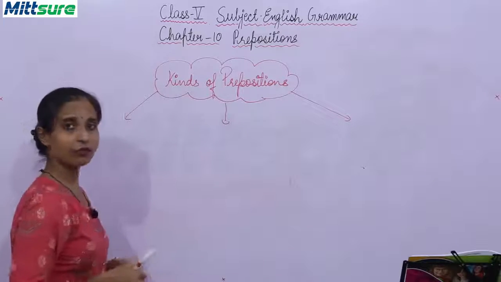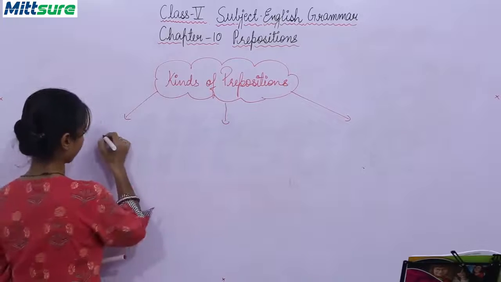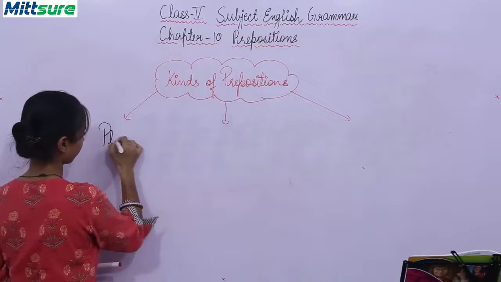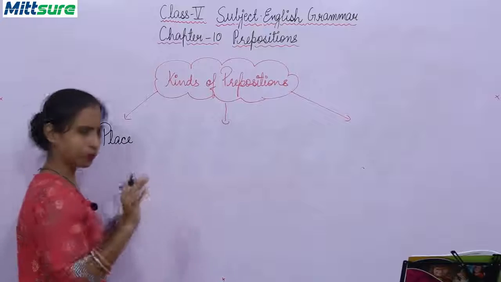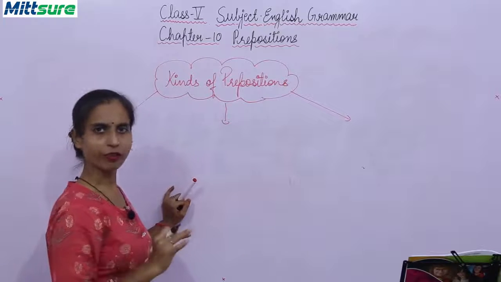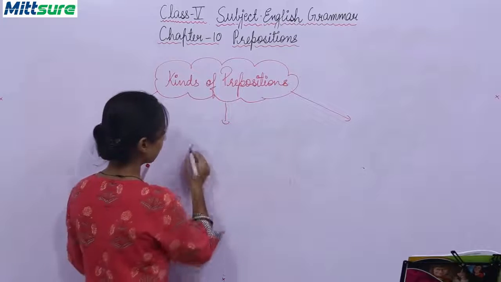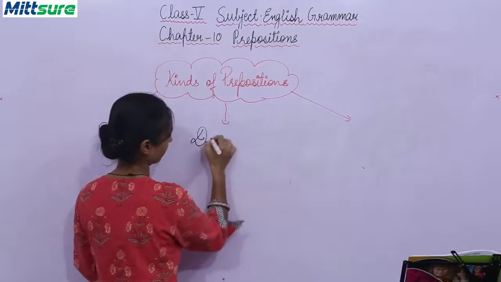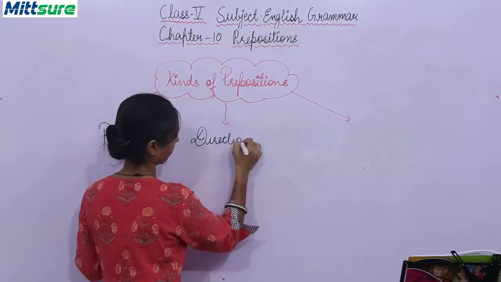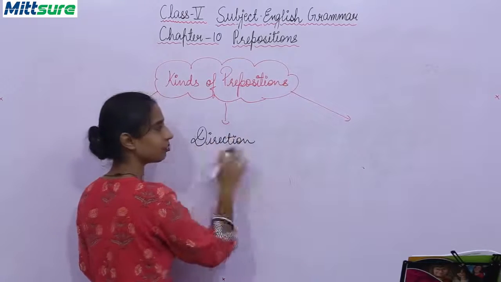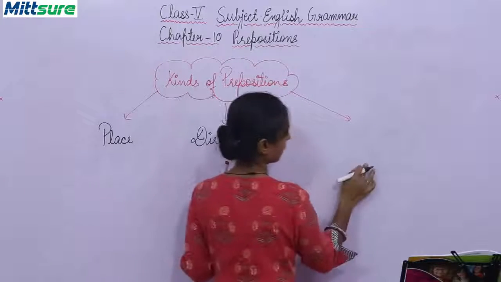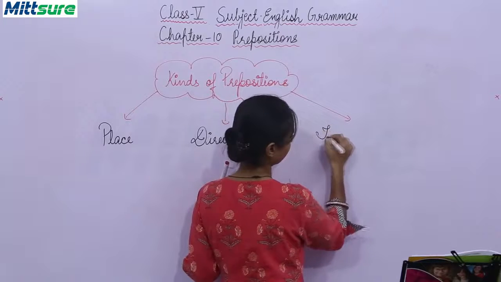The first one is place, which tells you the place of any noun or a pronoun. The second one is direction. And the third one is time.